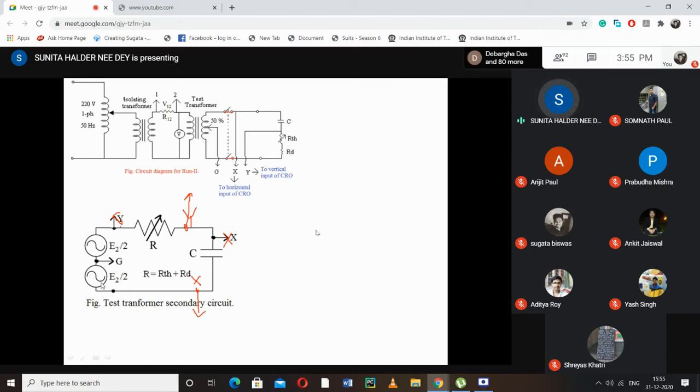So this is E by 2, E by 2. In between that, there is a RC circuit. So in between R and C, this point has termed as Y. And between C and the supply voltage, this is X. Am I right?